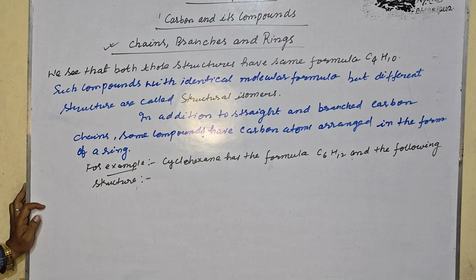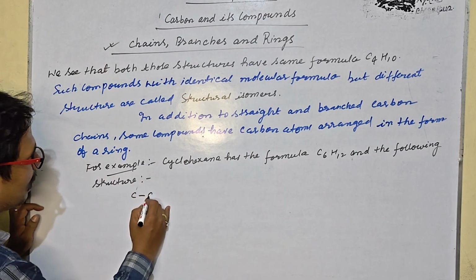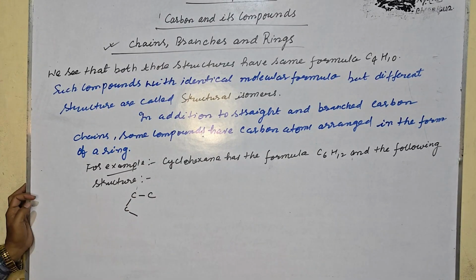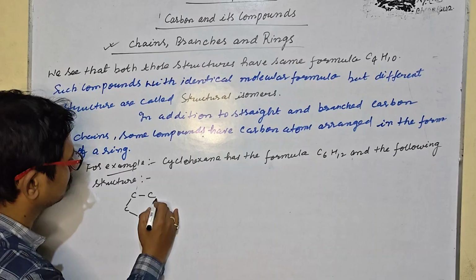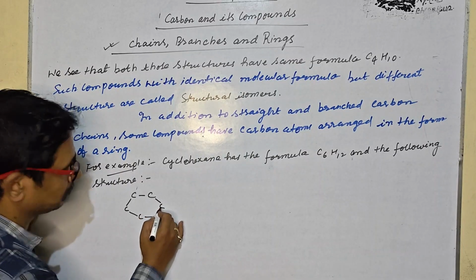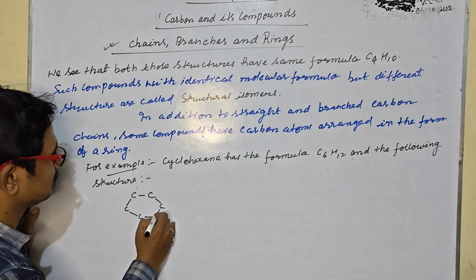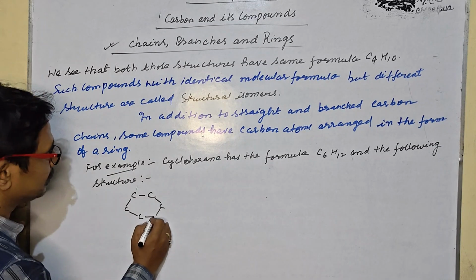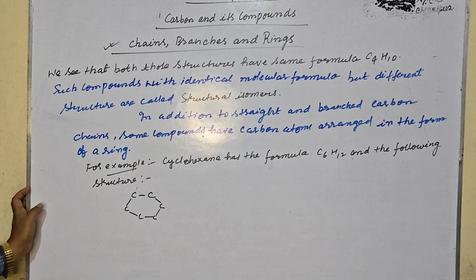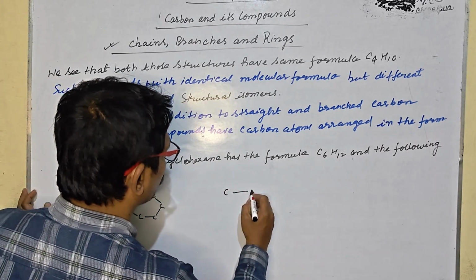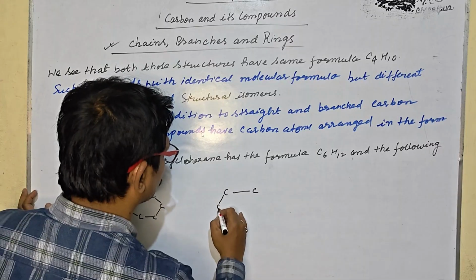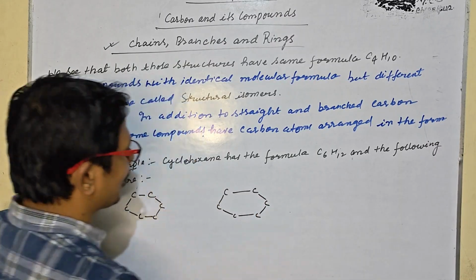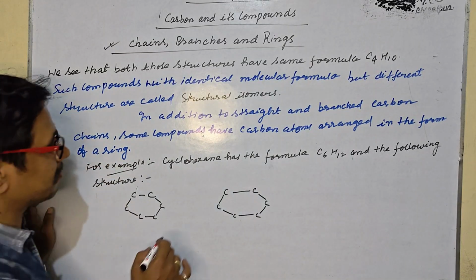The structure looks like this. This is the carbon C6 structure, and you can draw it like this also. Like this.